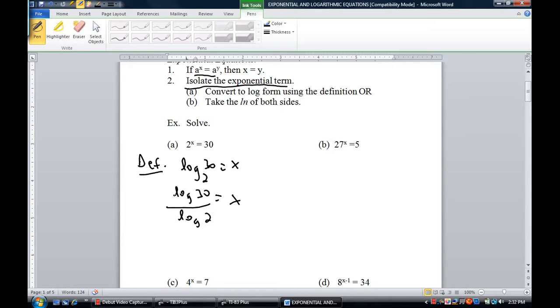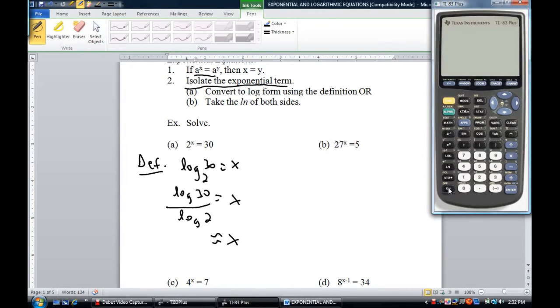For others, it's not. They want you to type it in. So I'm going to take out my calculator and we're going to type it in carefully. Type in log 30, close parentheses, divided by log 2, and hit enter. If you round off, that's approximately 4.91. We'll go 2 decimal places.